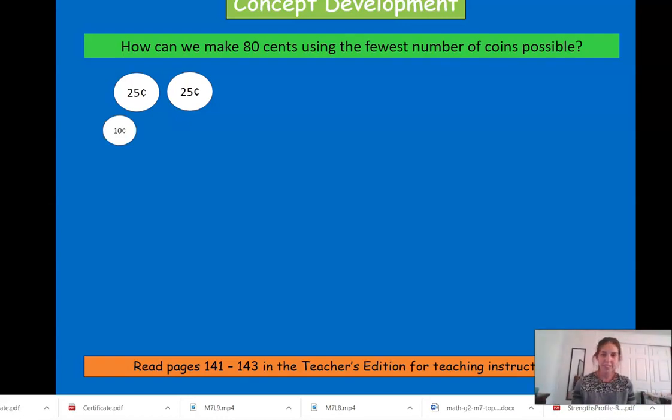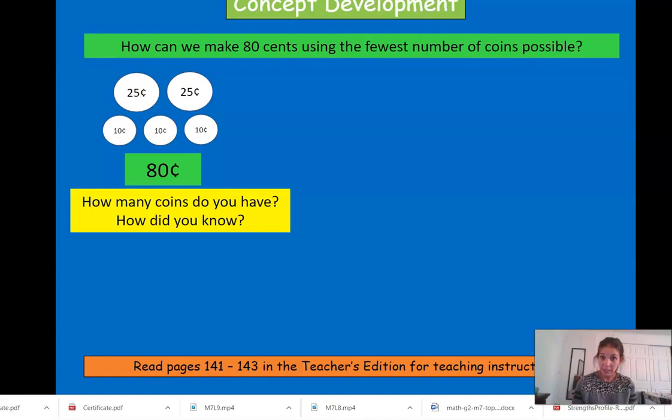Hey, they chose to do something different. You can do 3 quarters, and that would be 75 cents, but they're choosing to do it a different way. So we have 50 cents, and 10 more is 60 cents, 70, 80. Okay, so that's one way.